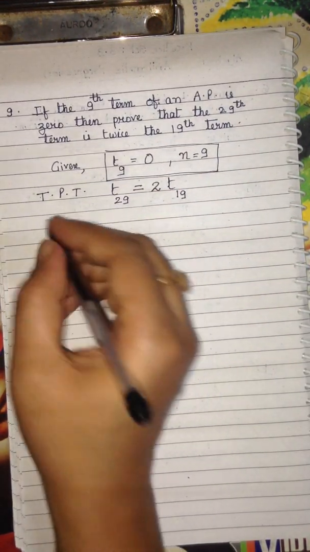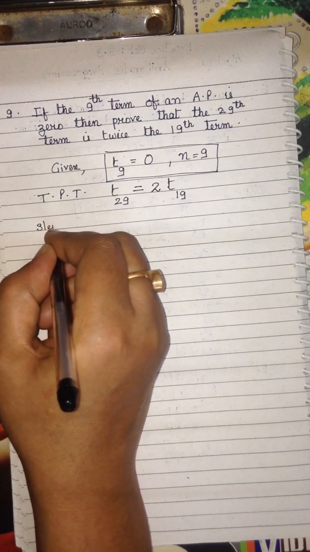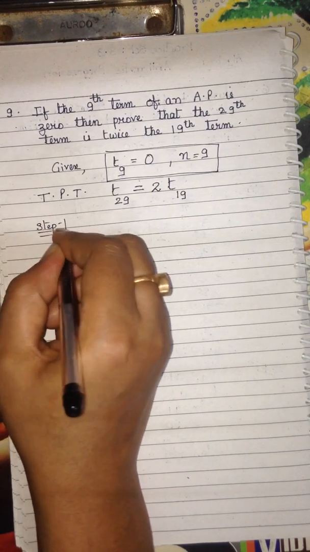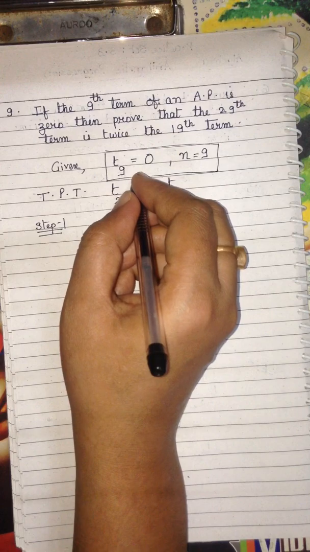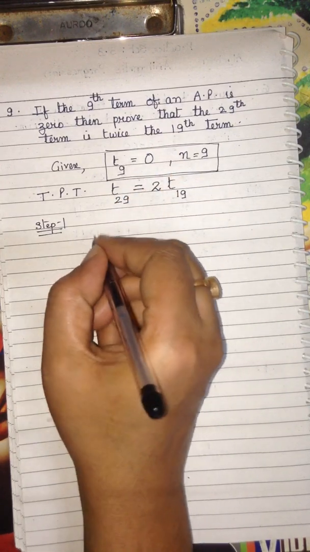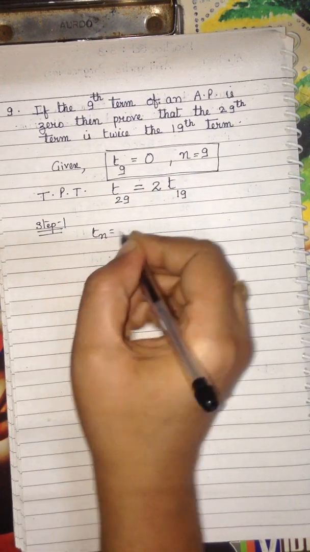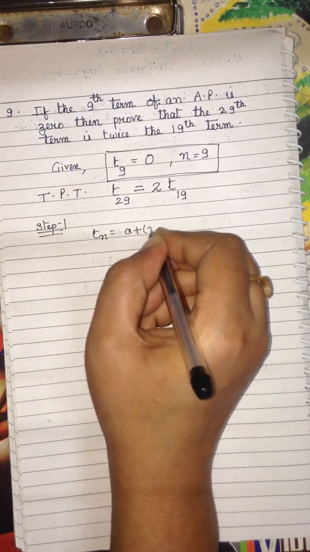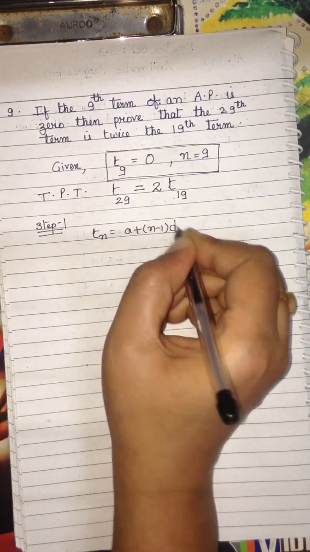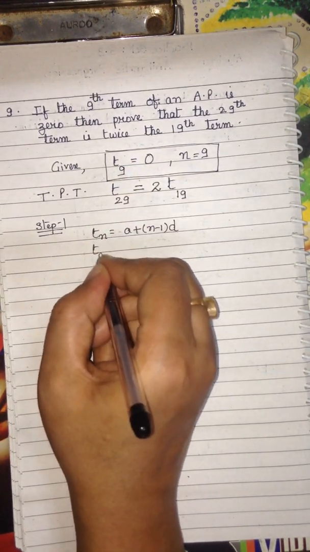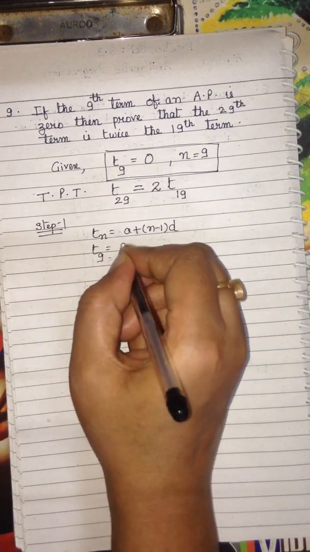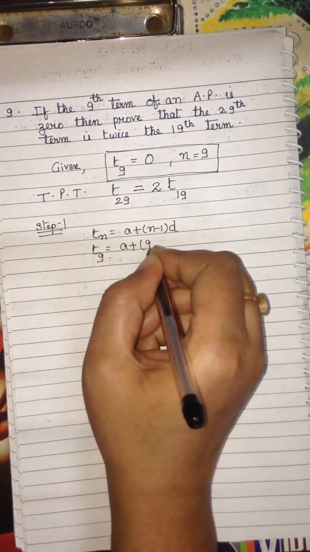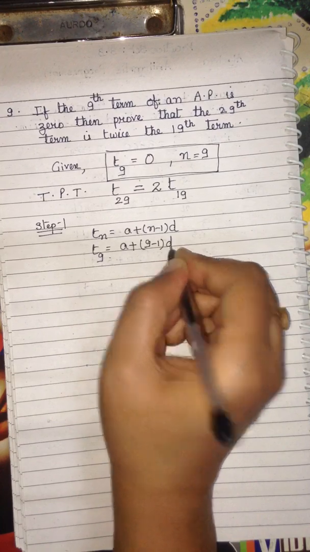Now first of all, step 1, what to be done, let us see. When it is said T9 is equal to 0, let us take the general term a plus (n minus 1) into d and find T9, that is a plus 9 minus 1 into d.